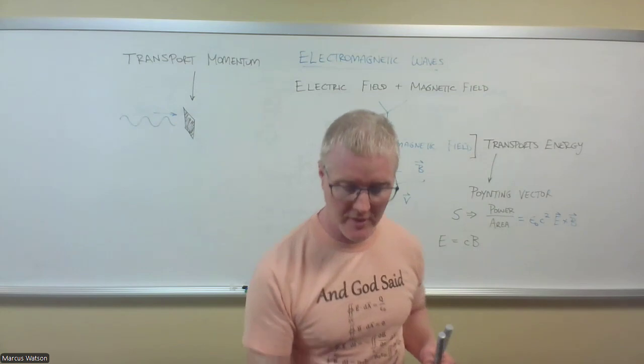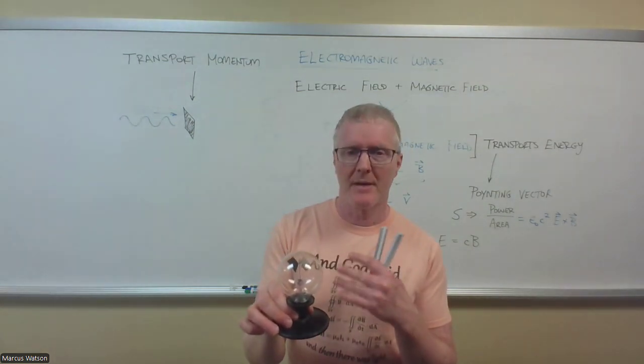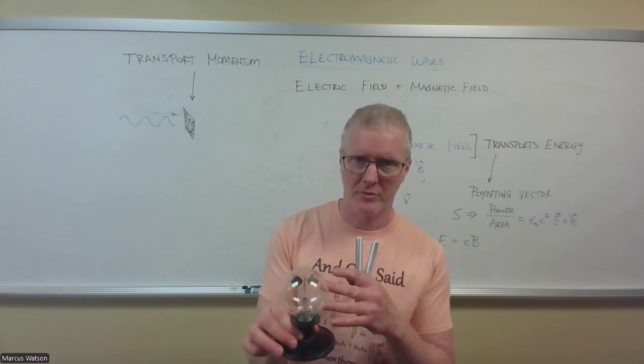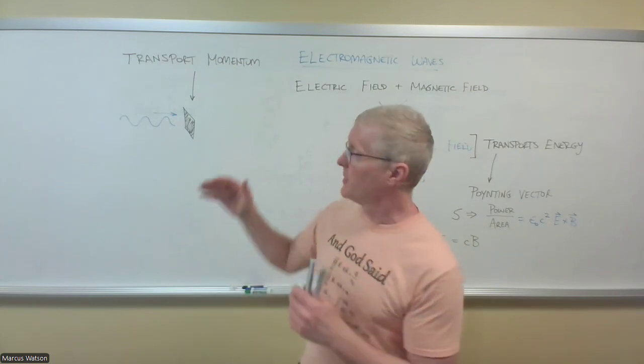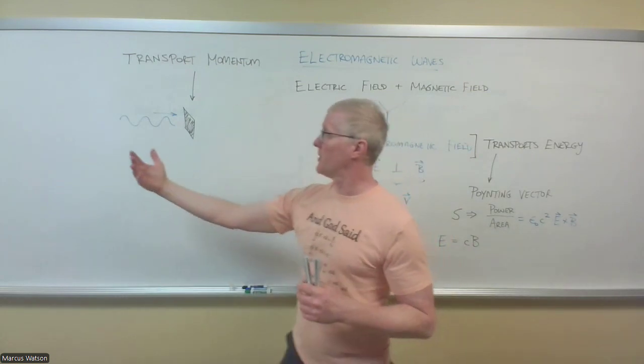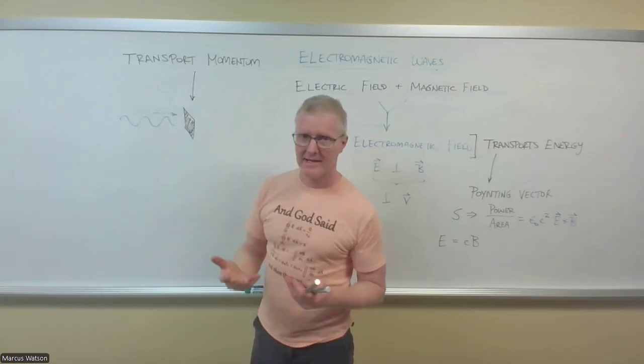Okay, because if you recall, the black body is a perfect absorber and a perfect radiator. Okay? So it's going to absorb all of this light that's incident upon it. Will it radiate it?